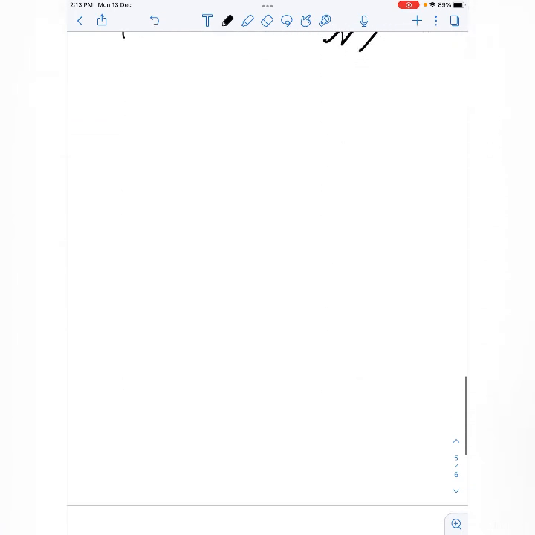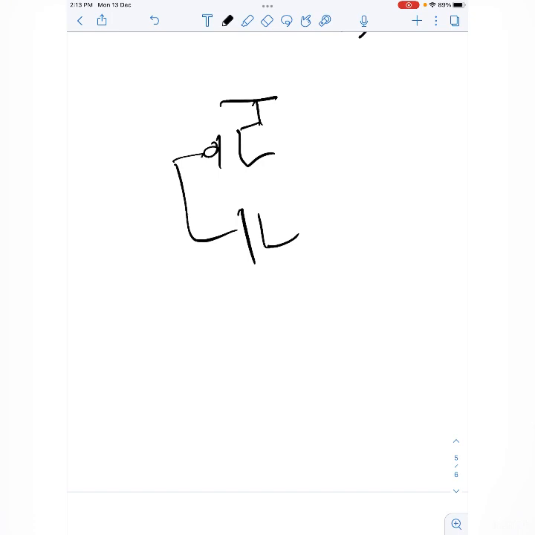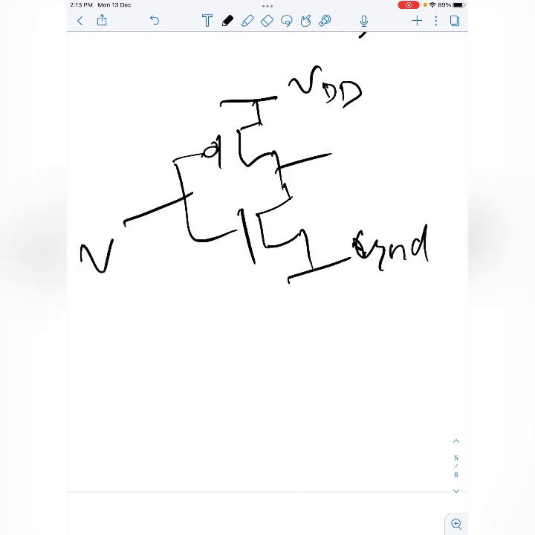Now coming to this CMOS inverter. Sorry, I'm not that good at drawing, but I'm trying, I will improve. This is Vin, this is NMOS and this is PMOS.